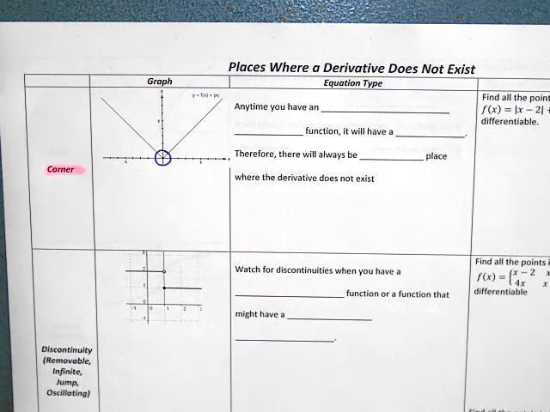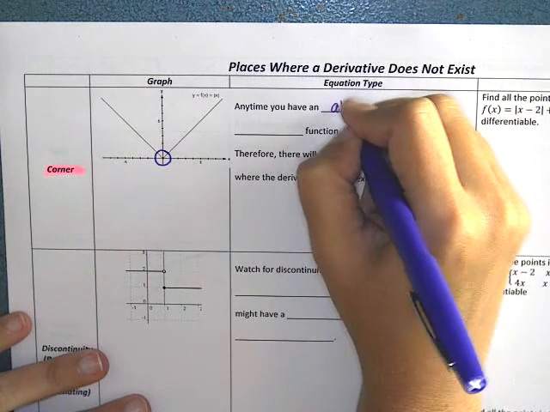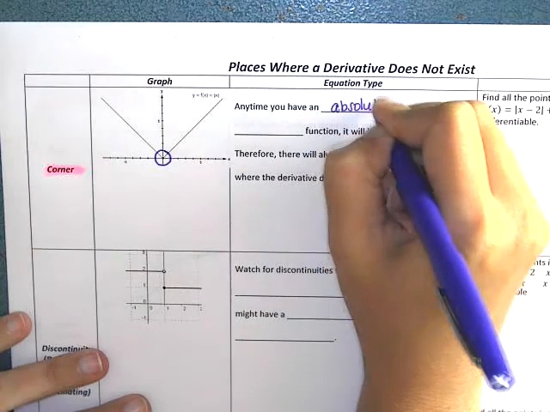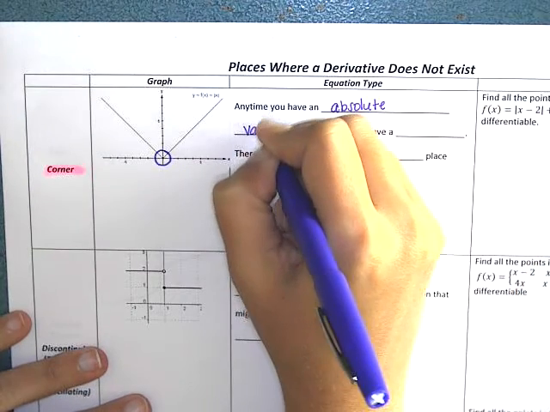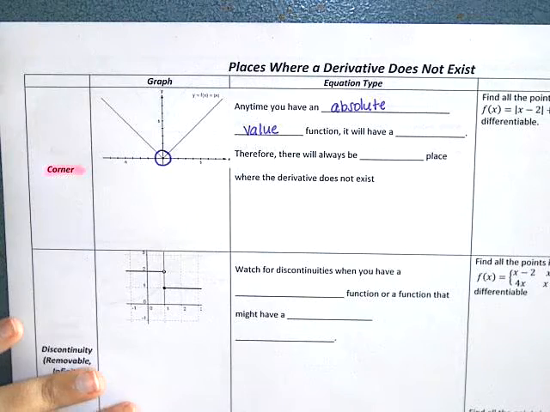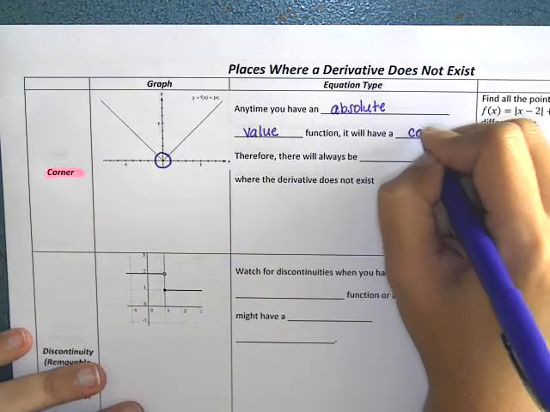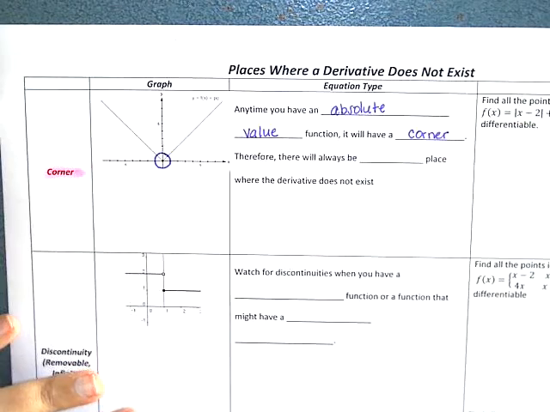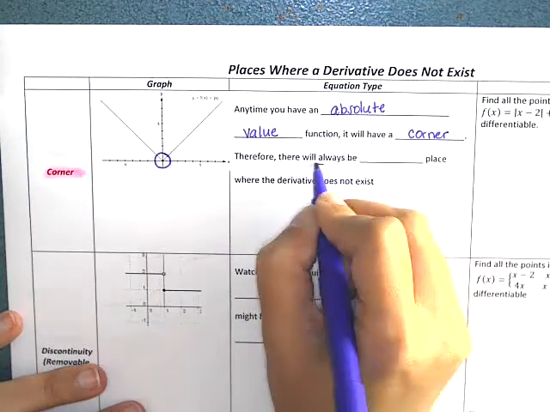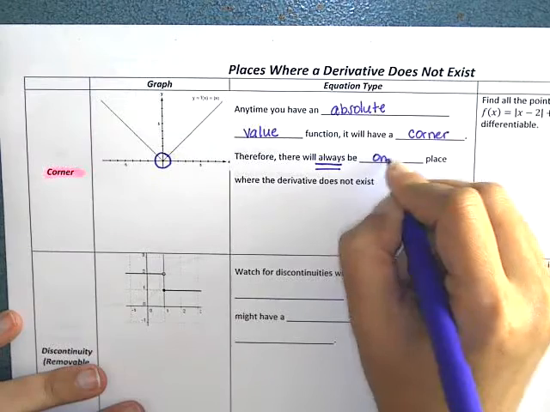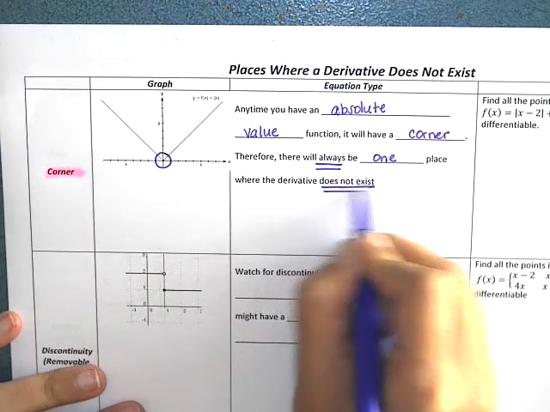That part's easy, just kind of look for it. But if you have an equation, what you need to look for is anytime you have an absolute value function. If you have an absolute value function, it will always have a sharp corner. Therefore, there will always be at least one place where the derivative does not exist.